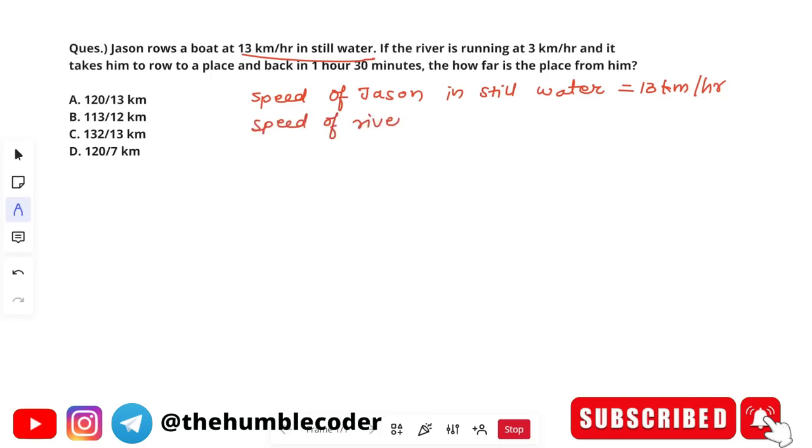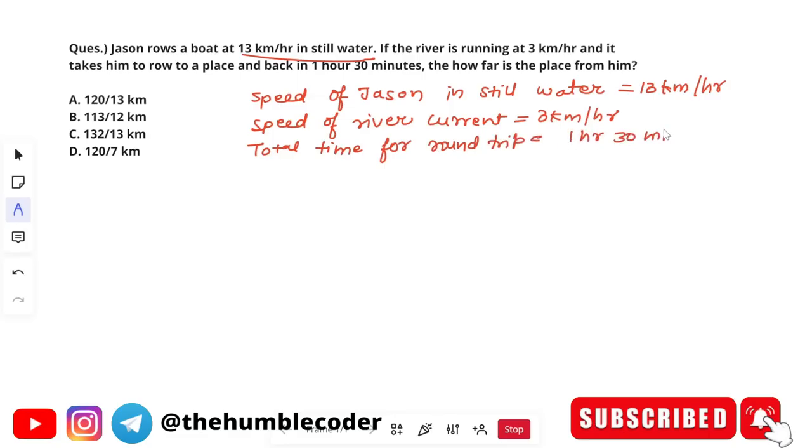The current speed of the river is 3 kilometers per hour. The total time for the round trip is given in the third sentence: 1 hour and 30 minutes. These are the three data that are given to us.